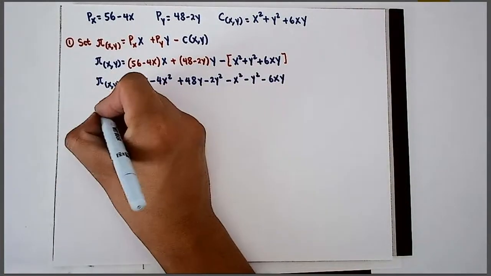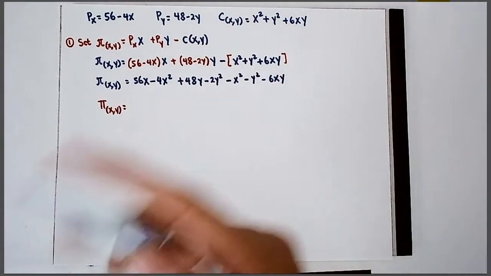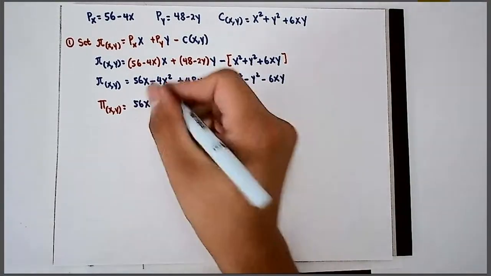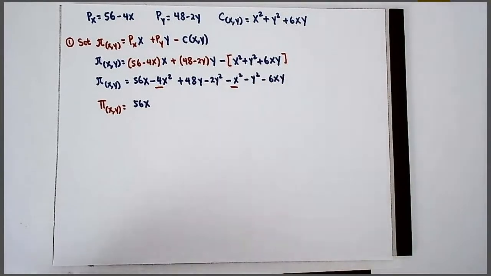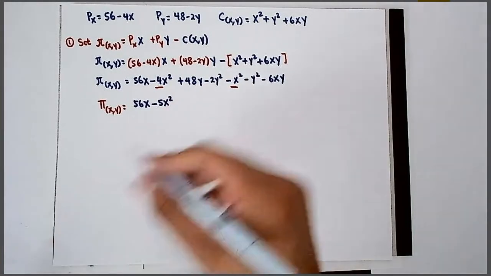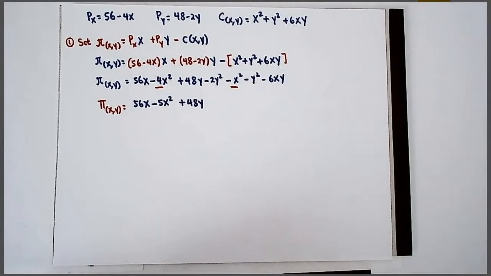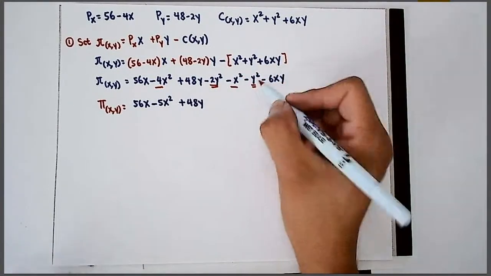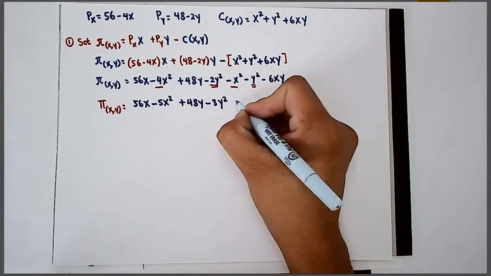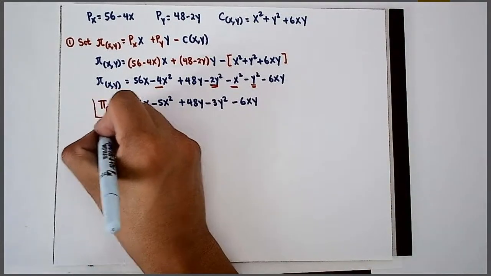This means that our profit function will be equal to 56x, and then we have minus 4 minus 1, so this will be minus 5x squared, plus 48y, and then minus 2 minus 1 is minus 3y squared, minus 6xy. So this is our profit function.